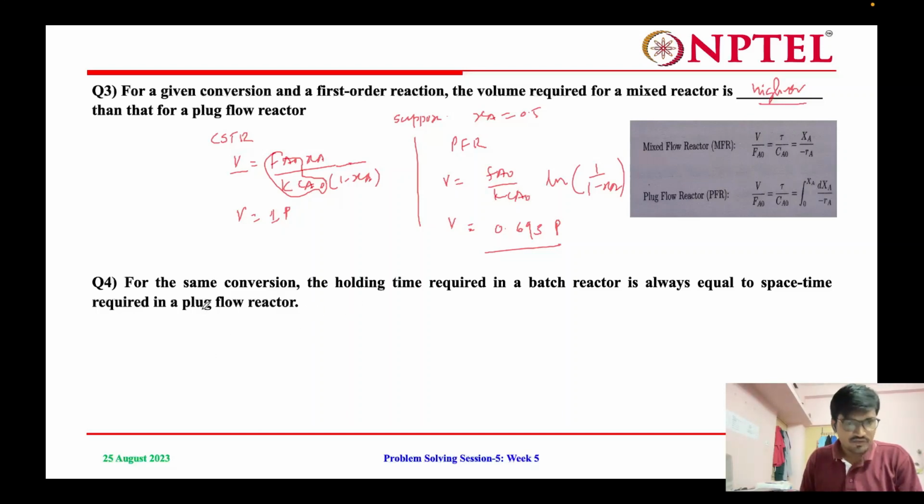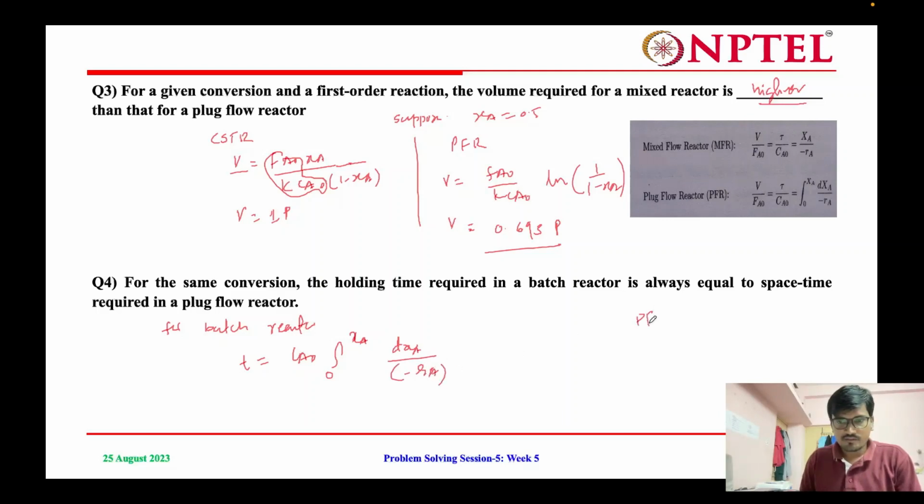For a batch reactor, the performance equation is t equals CA naught integral 0 to XA of dXA divided by minus RA.